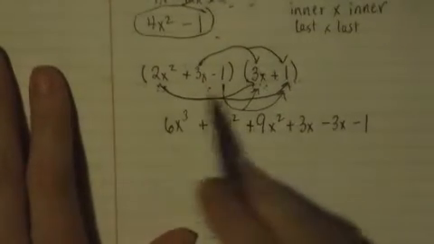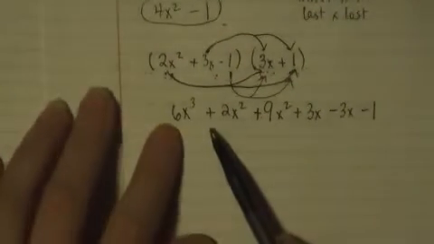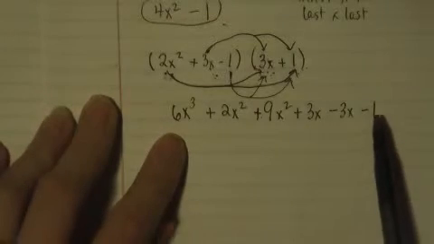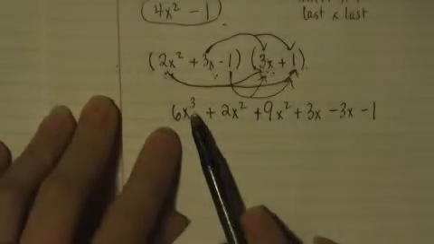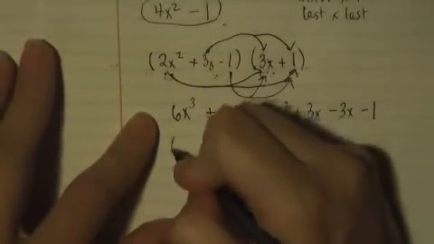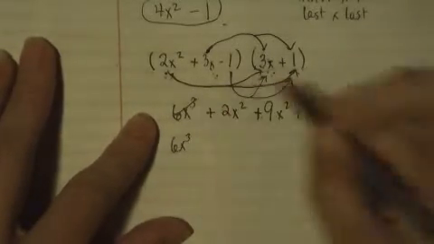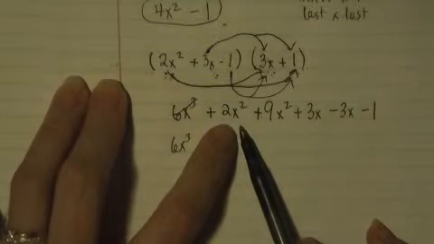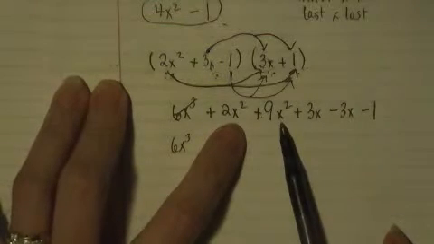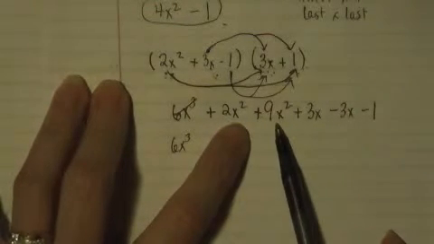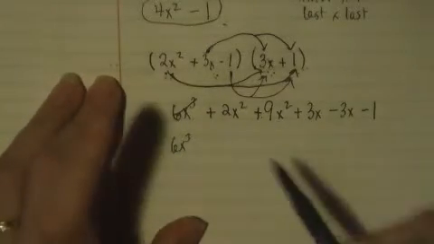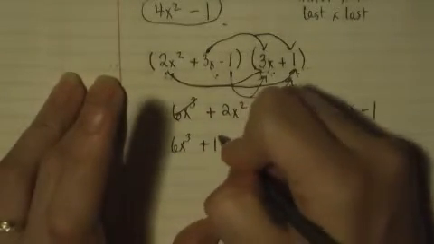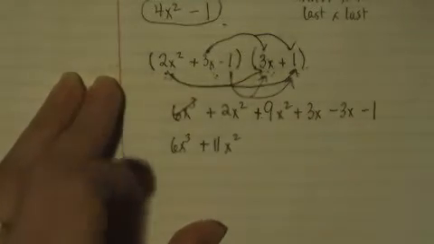Okay, so now we've done all of the multiplication, but we still have to combine like terms and simplify. So we look for our highest power is the cubed power. We only have one cubed term, that's a 6x cubed. Then our next highest power is the squared power. We have 2 squared terms, 2x squared plus 9x squared, 2 of something plus 9 of something, you get 11 of that something, and the something is x squareds.